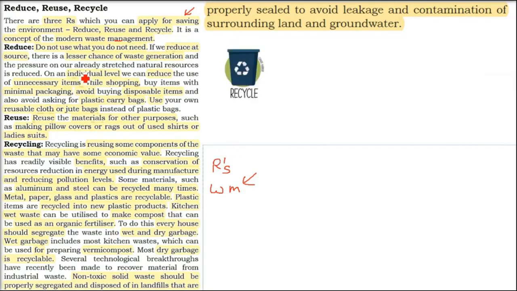So again, 3 R's: reduce, reuse, recycle. What does reduce mean? Do not use what you don't need. In Corona times, when we were in houses, today also we are in houses, with very minimal resources, we are able to live. If you use less, there is less chance of waste generation. If you say the Nagar Nigam will do it or the waste management will do it, no, it's about you, individual level.